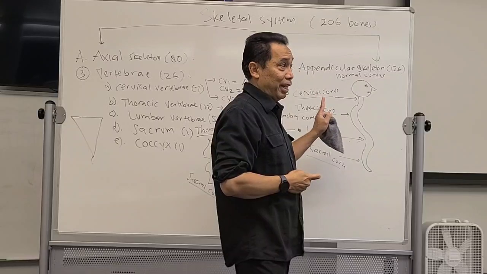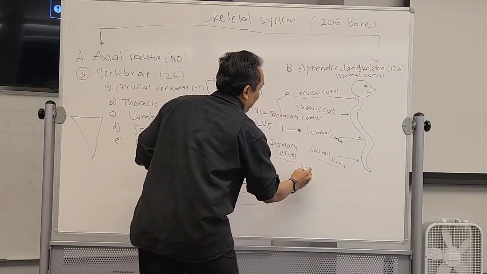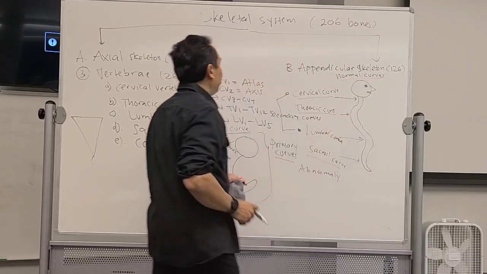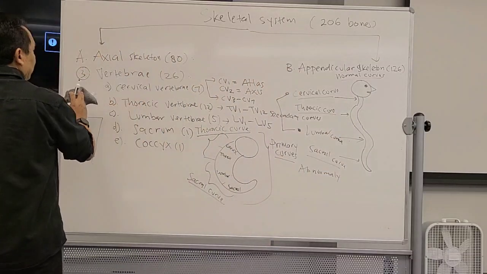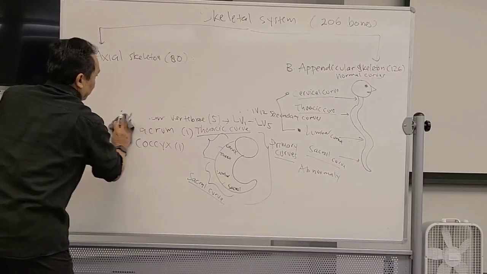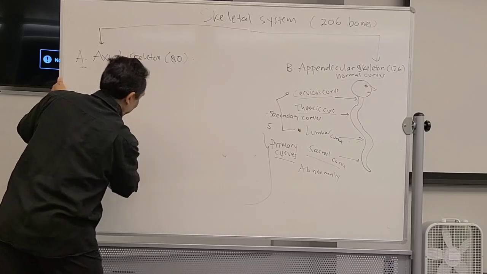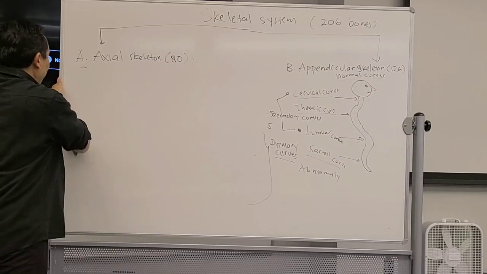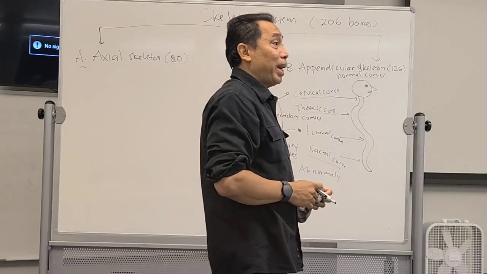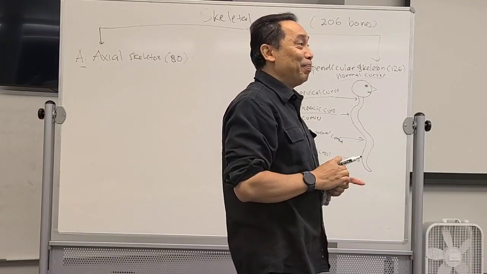Get it? Now, we talk about the abnormality in this curve. I'm gonna erase this. We start with what Dalton said. There is hunchback, Beauty and the Beast.